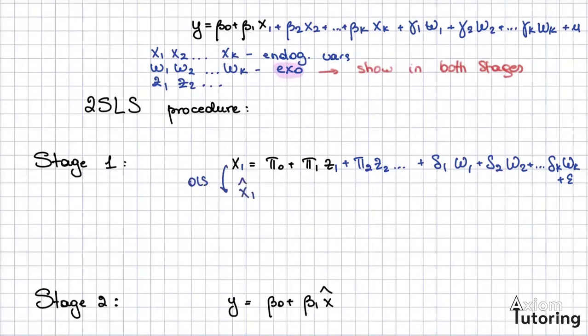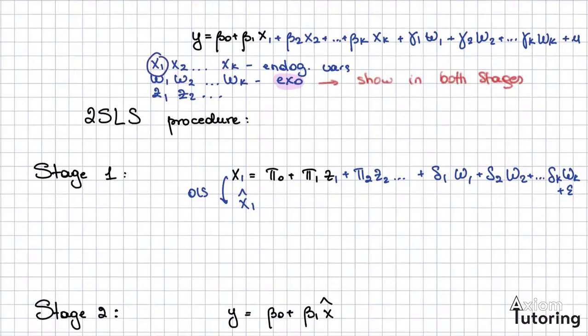Now, remember, X1 is not the only endogenous variable that we have. We have X2, X3 until Xk, which means that stage 1 will have to be repeated and you have to run as many regressions as endogenous variables that you have. So if you have xk endogenous variables, it means that you're going to run a regression for x1, you're going to run a regression for x2, which you can put all kinds of Greek letters in here.